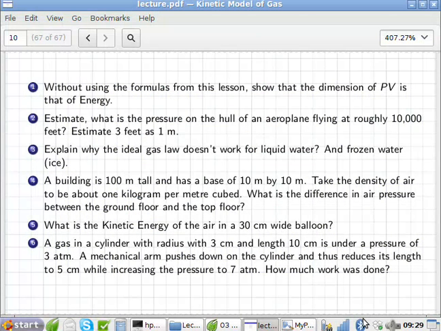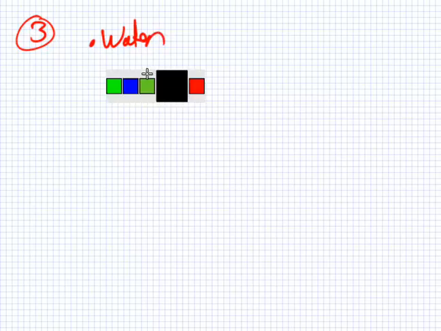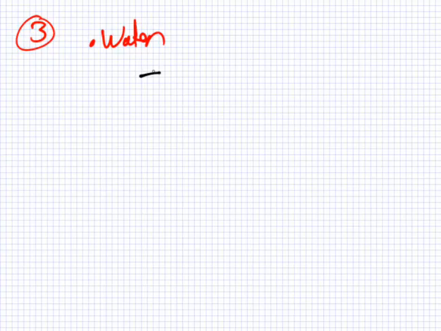So you get an answer of 72,271 Pascals. Or if you want kilopascals, that is 72.3 kilopascals.